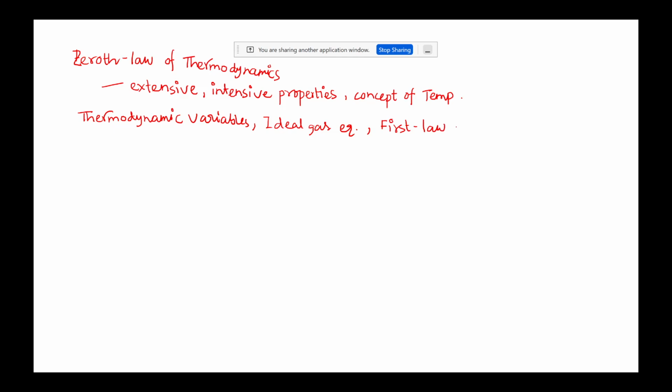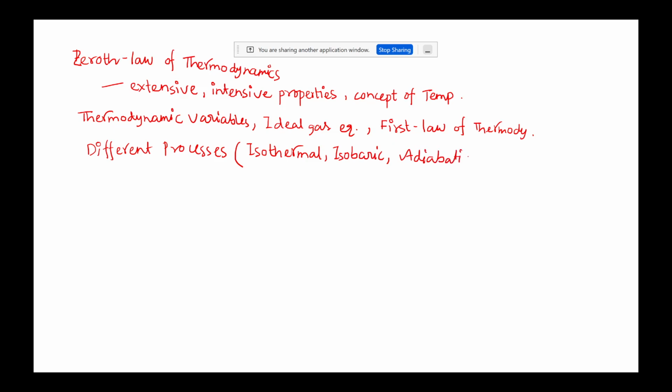As you all know, the first law of thermodynamics is the conservation law of energy. We also learned different processes like isothermal, isobaric, adiabatic, and so on.